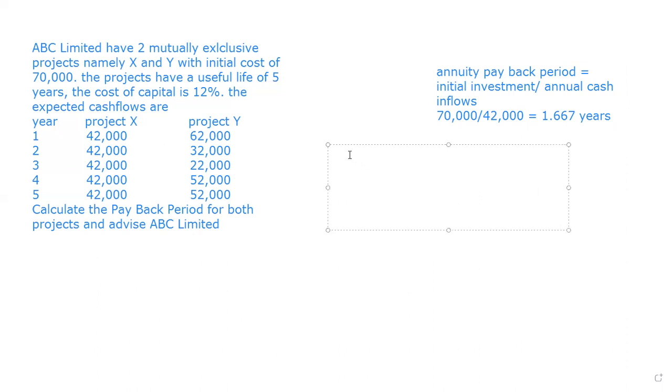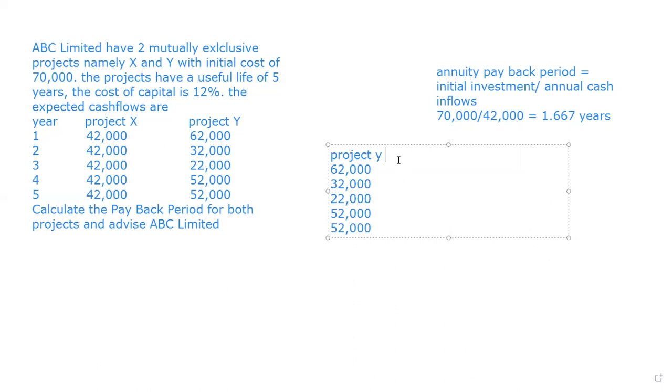So we can have here project Y. Remember, we have 62,000, 32,000, 22,000, 52,000, and lastly, we have 52,000.